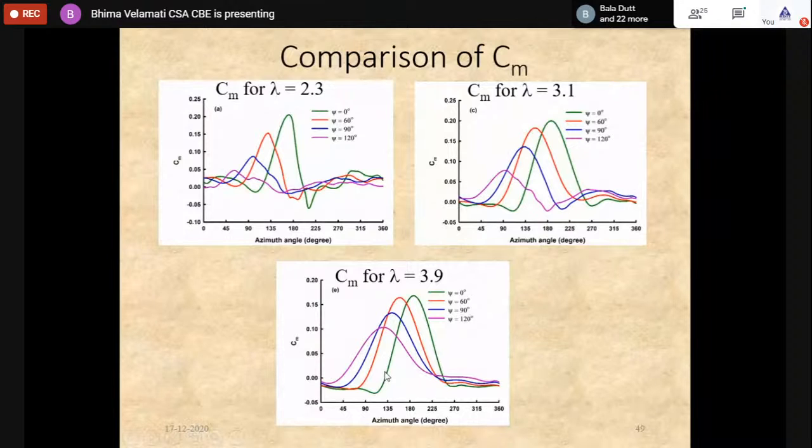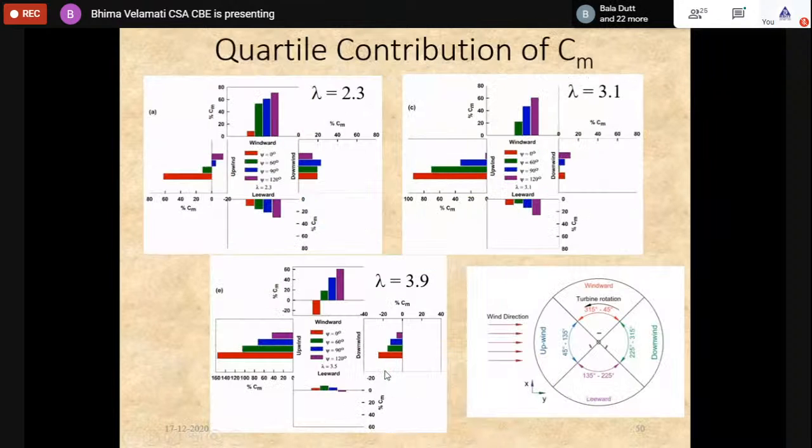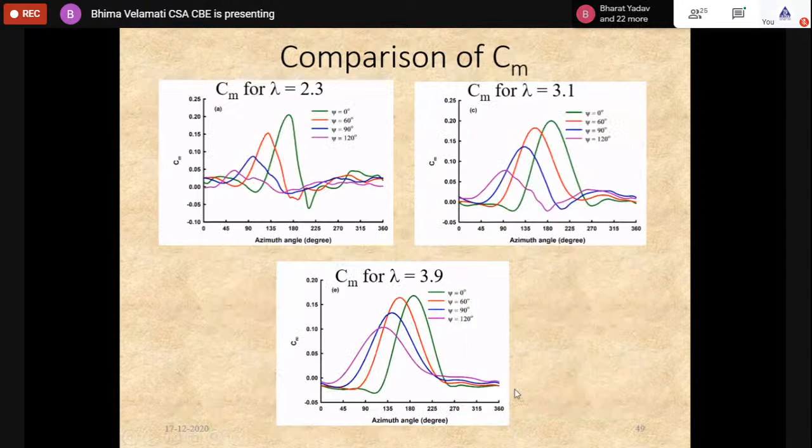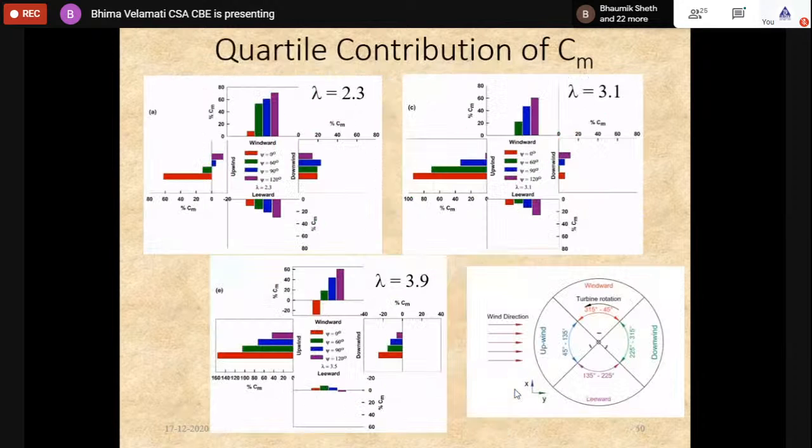Now, it will be interesting to see what is happening to this contribution. You have this curve. You have to understand how it is getting produced. So we try to analyze in a slightly different way.